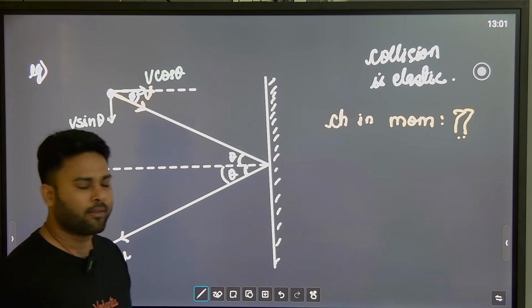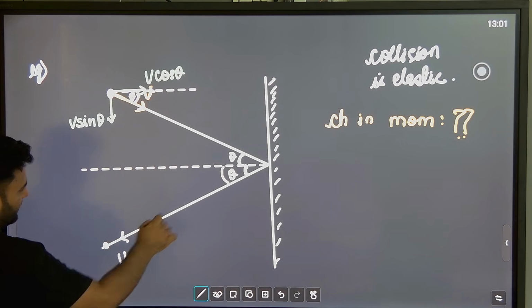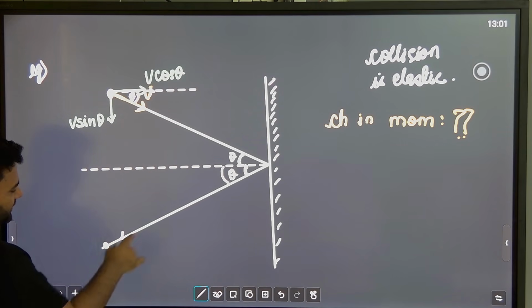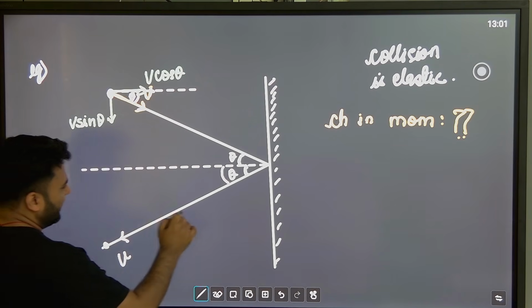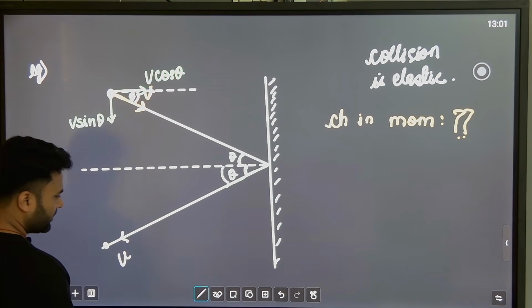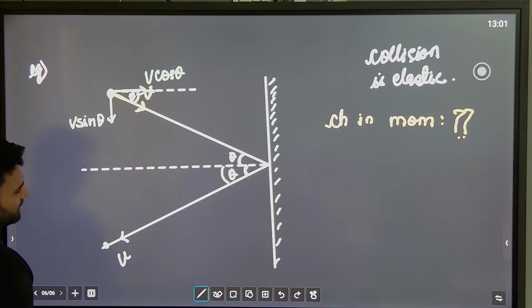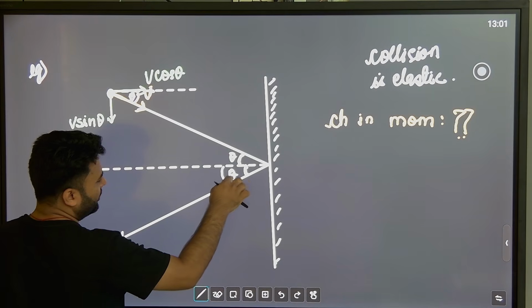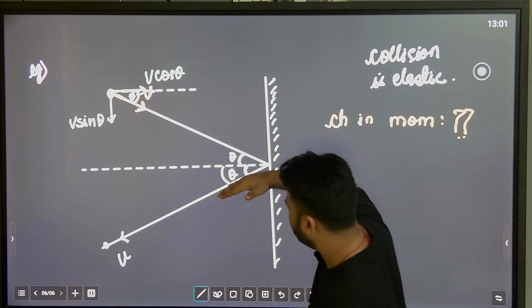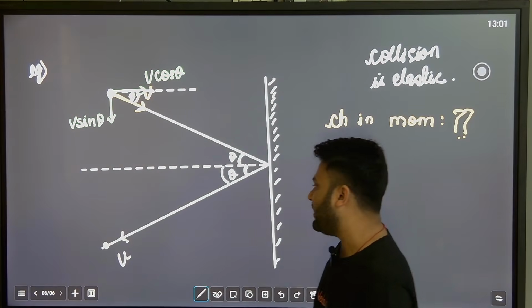Similarly, after striking the wall, if this is v and this is theta, this component will be v cos theta and this component will be v sin theta.